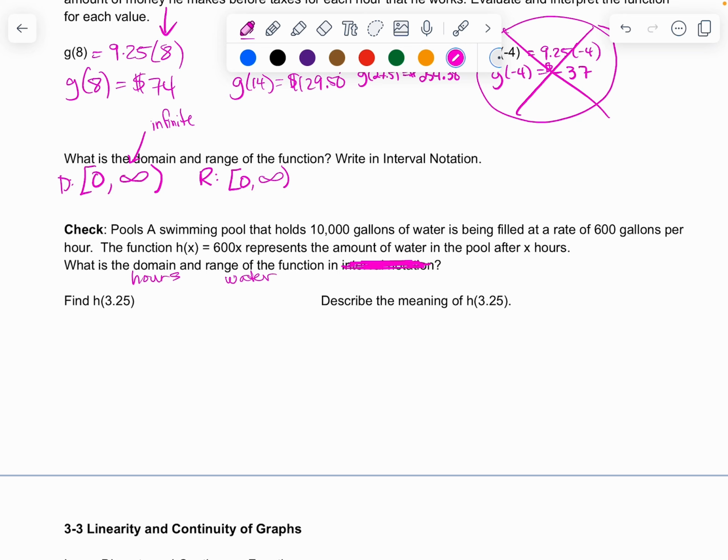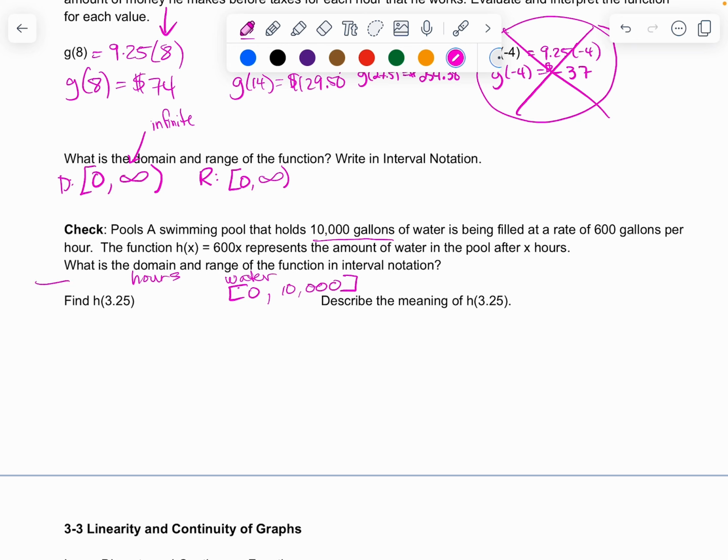Oh, no, we do. Sorry. It holds 10,000 gallons. So for the range, we would go from 0 to 10,000 gallons. Now, we don't know. Oh, you know what? We can figure that out.